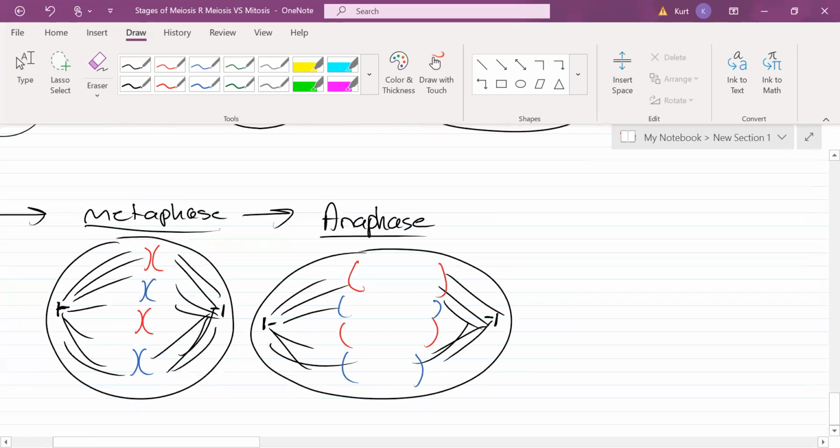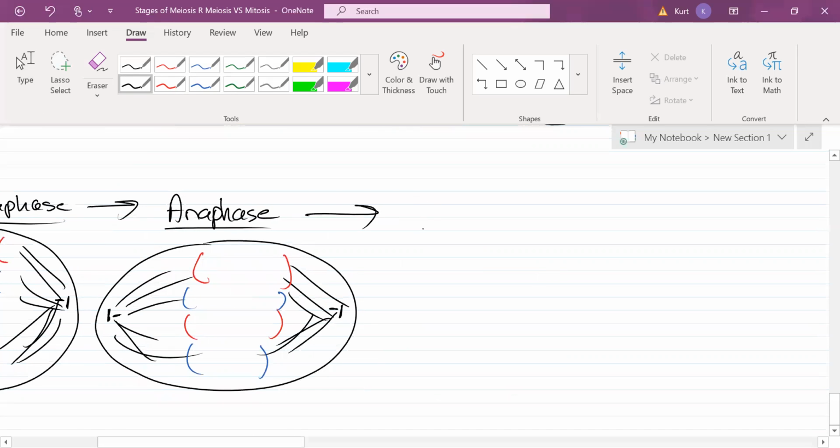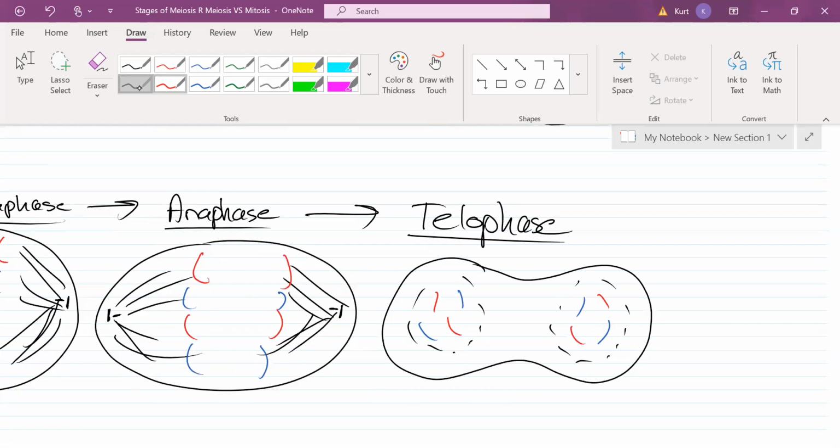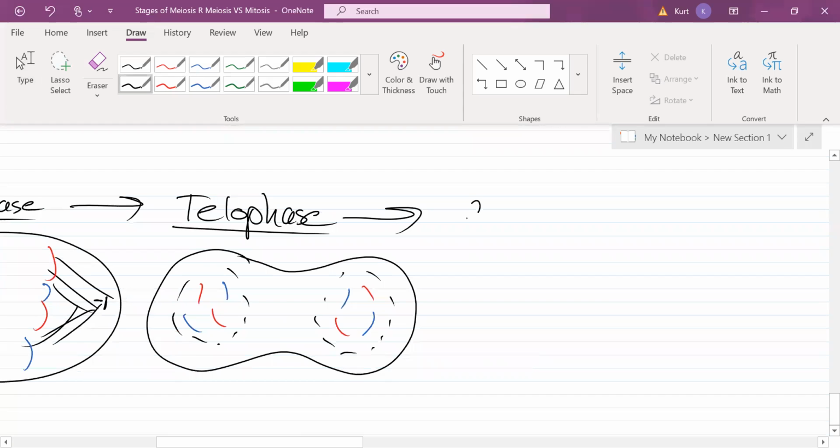Chromatids are pulled apart. Telophase. New nucleus is starting to form. And then you have cytokinesis.